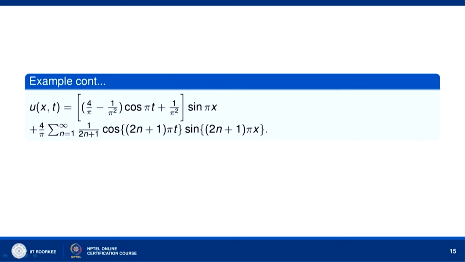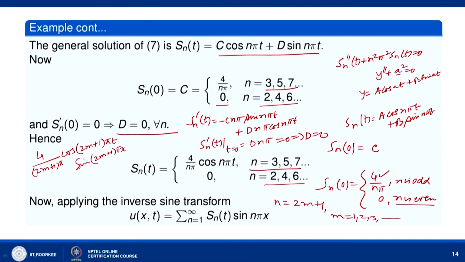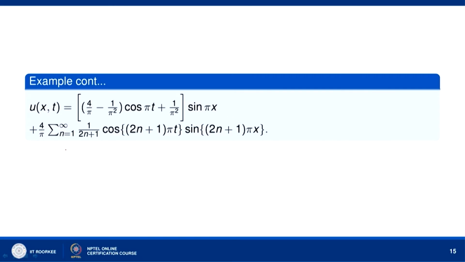So we get 4 over pi outside, and then sigma, in place of m now writing n, 1 over (2n plus 1) cos (2n plus 1) pi t sin (2n plus 1) pi x. So this is how we solve the second order PDE by finite sine transform.